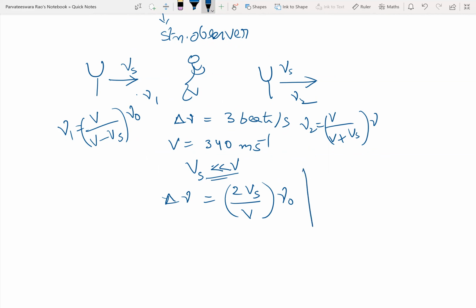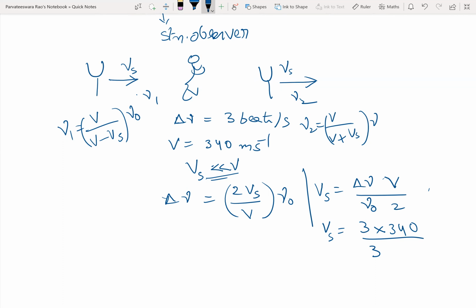So you wanted velocity of the source. Therefore Vs is delta nu into V by nu naught into 2, correct? So 3 into 340 by nu naught.